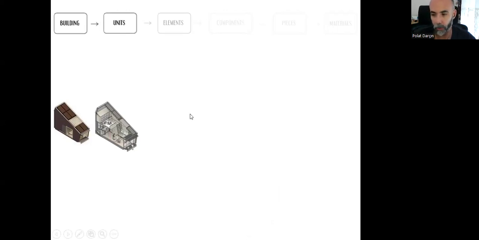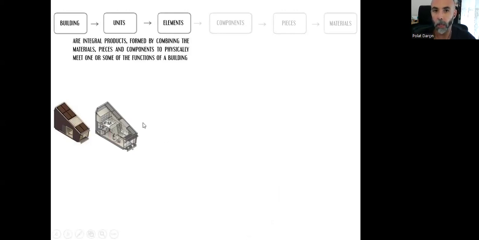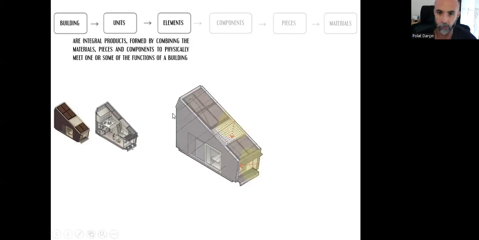The main function is to provide protection and a comfortable life for the user. And these functions and sub-functions will be executed by the elements. These are the integral products, and we can create them either by components, like combining components or pieces or materials. And each element will execute one or some of the functions of a building.